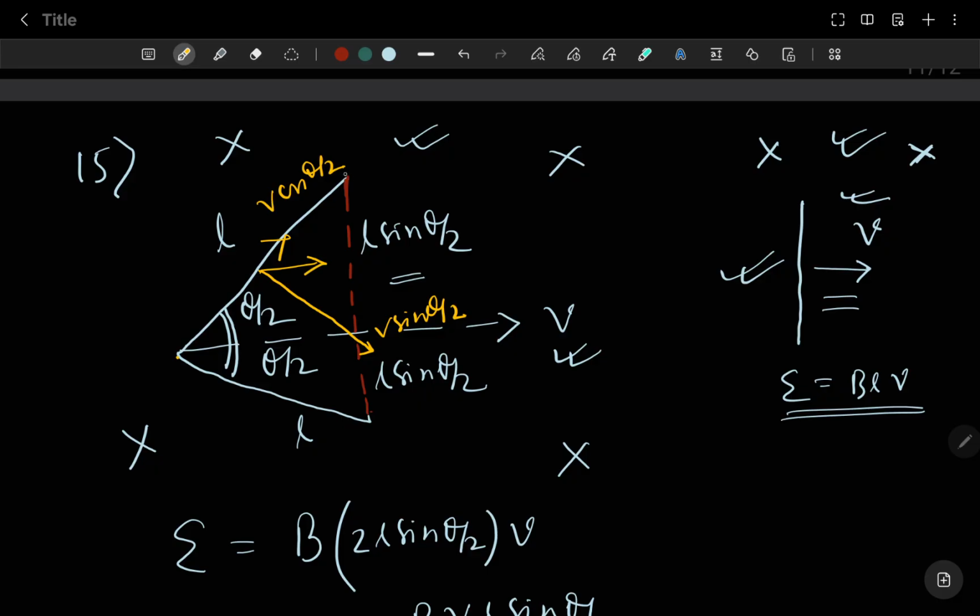So obviously you don't have to take the component which is along the length. You have to consider the velocity component which is perpendicular to the length, V sin theta by 2. Then you have L into V sin theta by 2, into B. So BVL sin theta by 2 is the EMF developed in one half of the rod. In the other half it is again BVL sin theta by 2. So the total will become 2 BVL sin theta by 2. You can think like this.